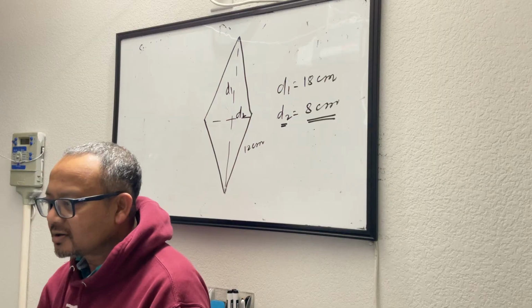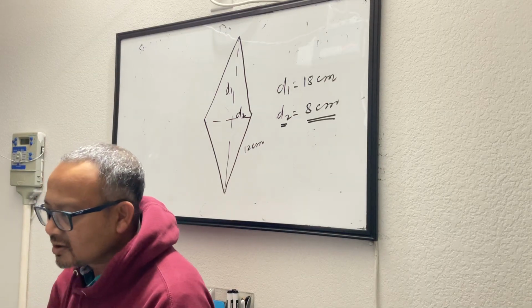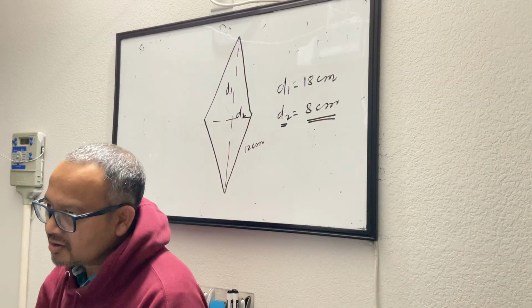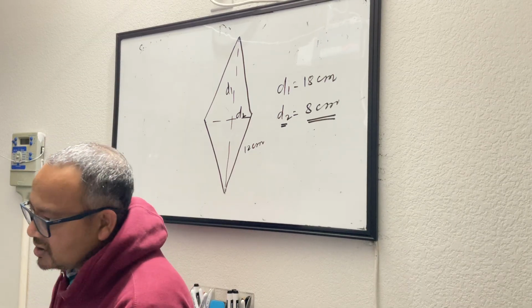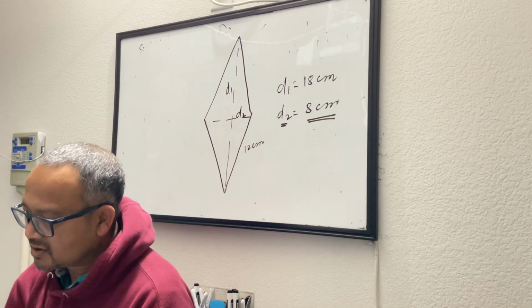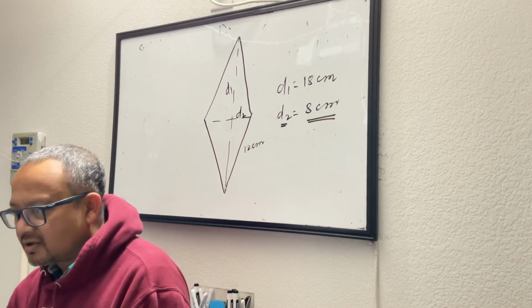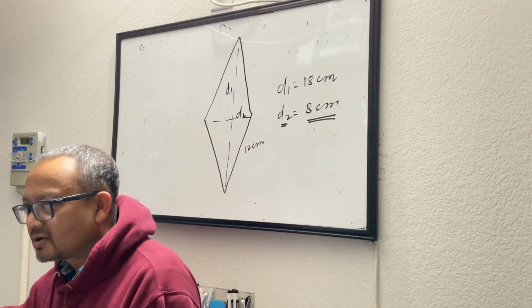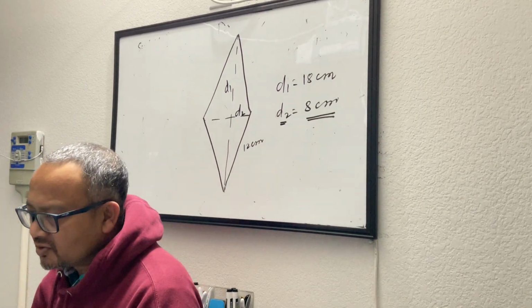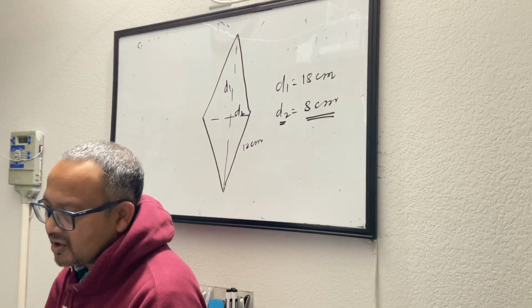For my perimeter, I got 52. 144 what? 144 centimeters square. Okay. And perimeter? 52 centimeters. Okay. Wade? For the perimeter, I got 48 centimeters. Okay. Area you had told me any which way. Okay. Sanviji?